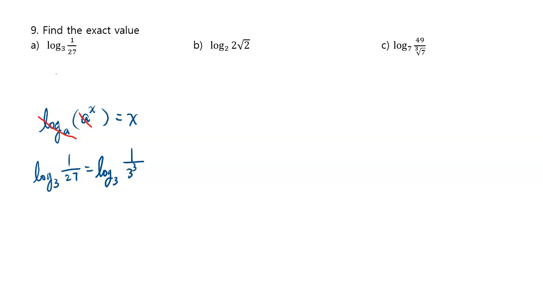Because if you do 3 times 3 times 3, that's 27. And then you also know that if you have 1 over, that's 3 to the negative 3 power, right? And then 3 and log 3, they cancel. And that gives you negative 3.